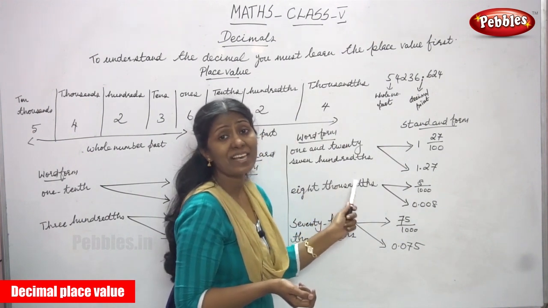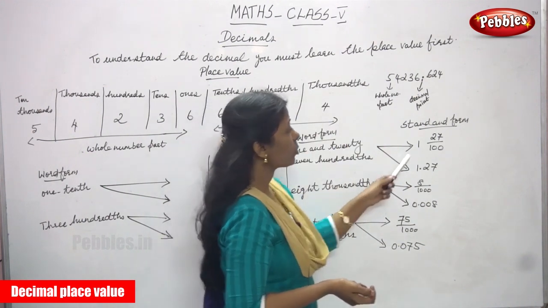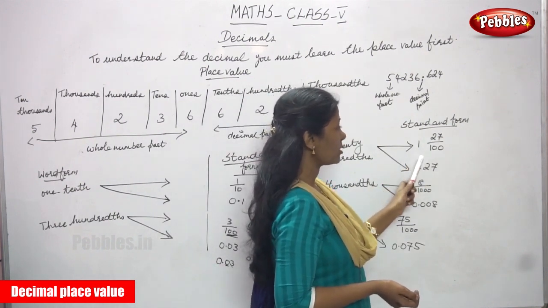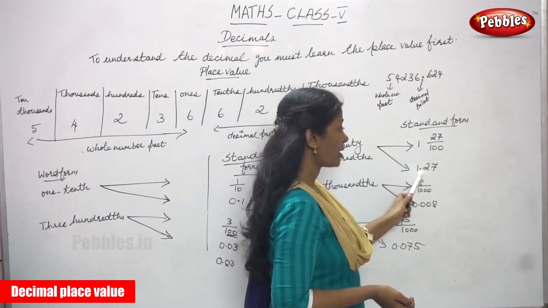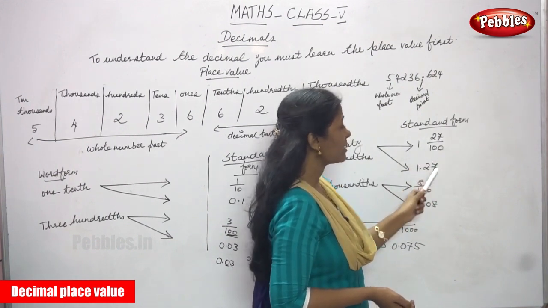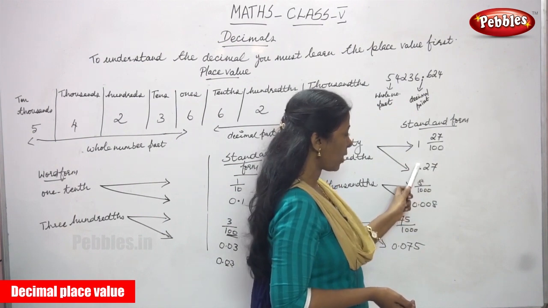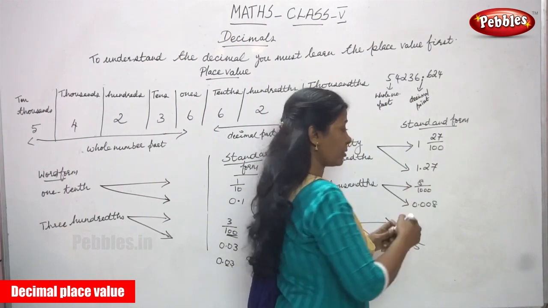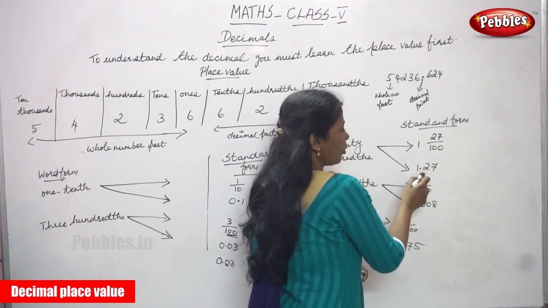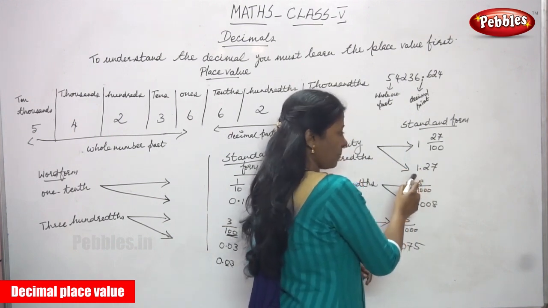1 and 27 hundredths. That is 1 and 27 by 100. So 1 is a whole number. After that point, you have to write 0.27. Whatever the numerator, you have to write like this. After the point, you have to write 27. We can call it 1.27. 1 is a whole number.